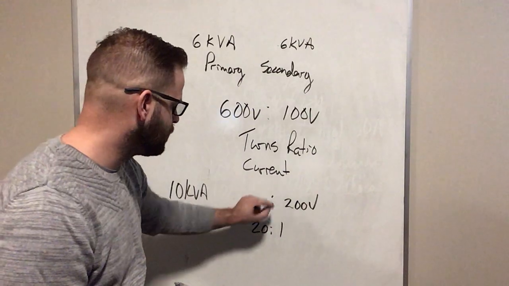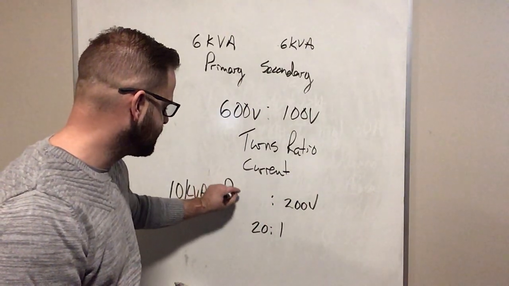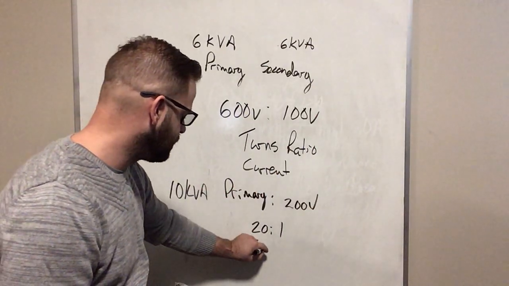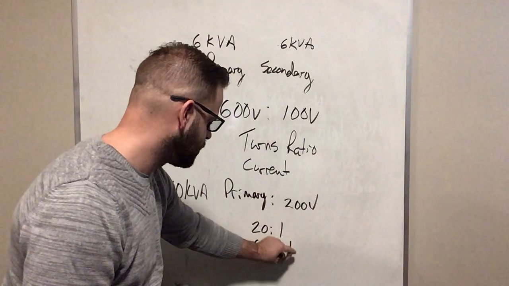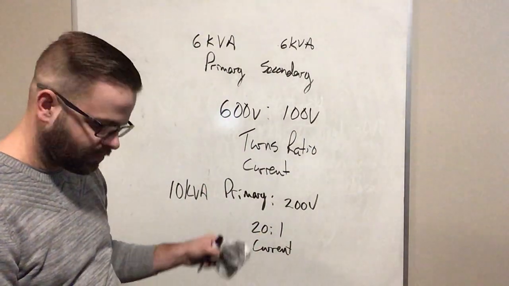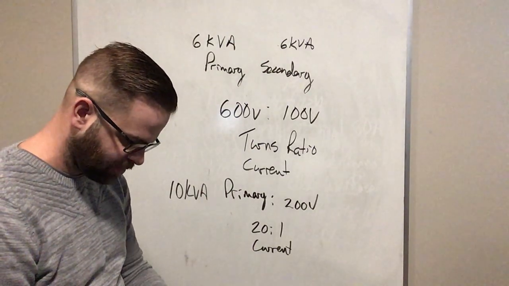So I need to know the primary side, and I need to know what my current is. Okay, so let's start with the first one. If you want to pause and work through it, that would be awesome, to see if you can figure out what that is.